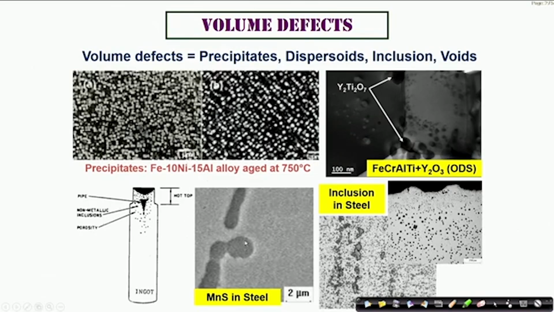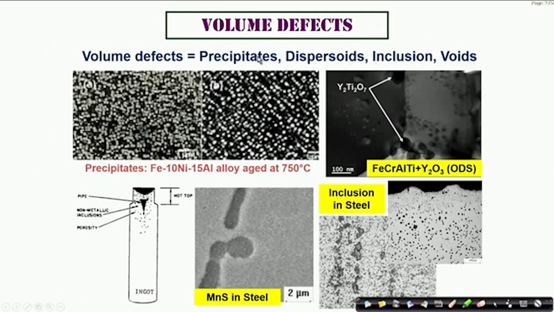But on the other hand, you can have inclusions, for example, manganese sulfide in steel. So these inclusions actually are entities which have x, y, z dimensions, so they are three-dimensional. So these are inclusions, and hence these are undesirable. But in specific situations, we actually may desire to have certain three-dimensional defects in a crystal, like precipitates or externally added dispersoids.